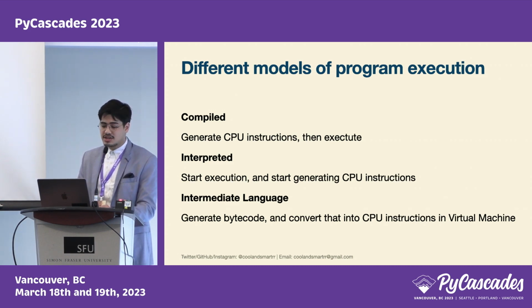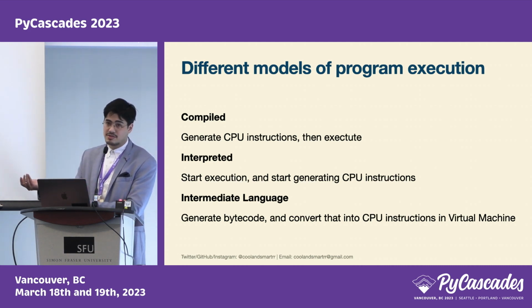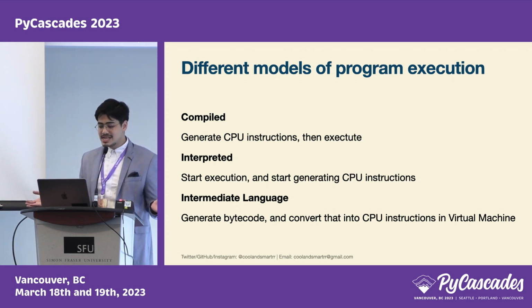We start executing, we fetch the source code, and then we generate the CPU instructions to run. A famous example other than Python is JavaScript. And then there's intermediate language, which generates bytecode and converts that into CPU instructions for the virtual machine to consume. Another famous example other than Python would be Java.